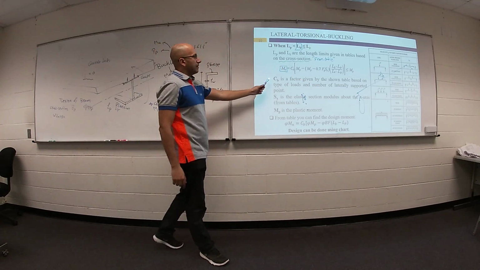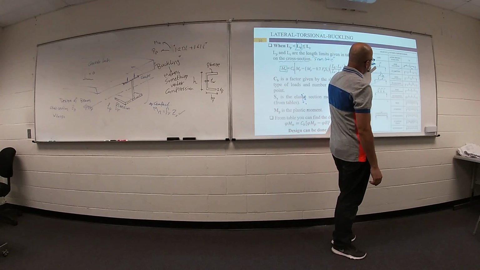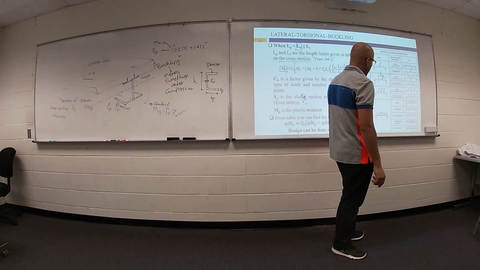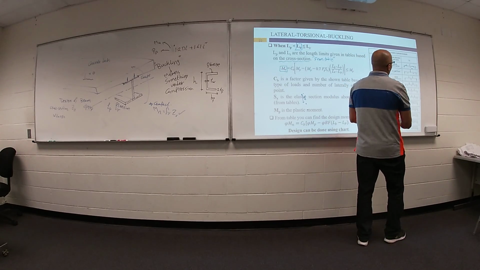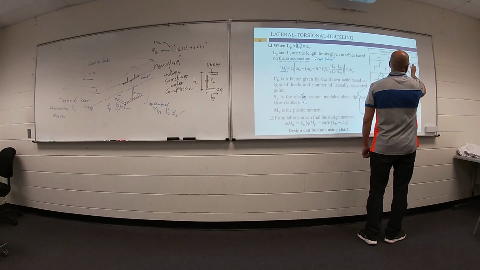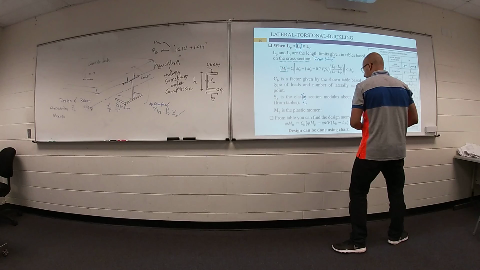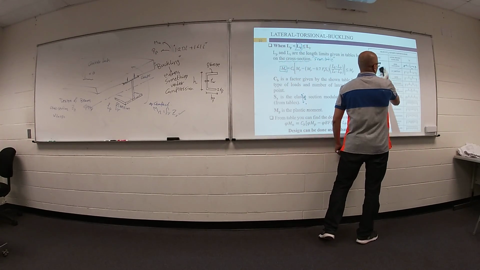CB is a factor based on what type of load: one concentrated, two concentrated, three concentrated, or distributed. Also it is based on the points of support in your beam.